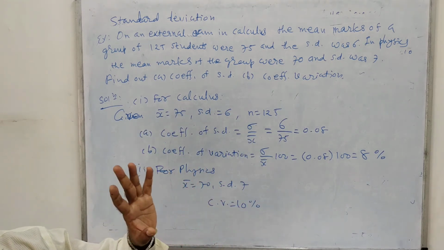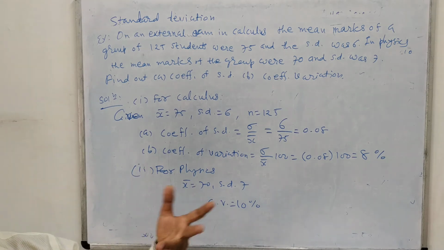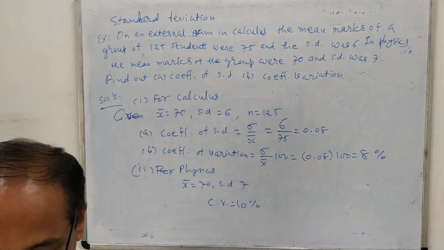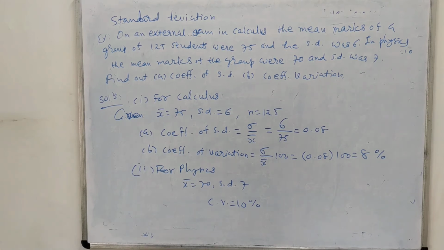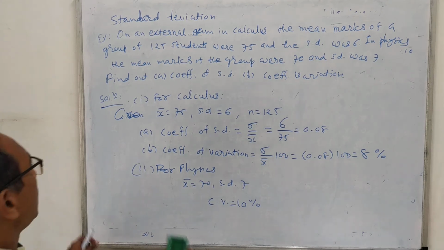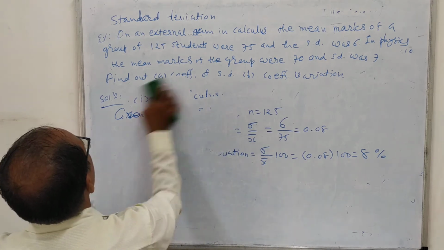If the coefficient of variation is less, then its performance is good. That means the performance of the data will be nice. Okay. Now let us see another example.